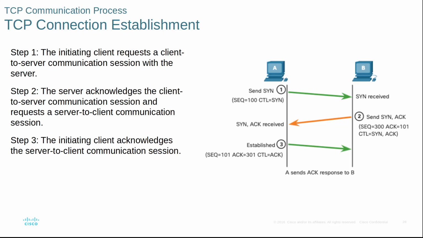TCP uses the three-way handshake to establish a connection. First, it sends the SYN flag to synchronize our timing and whatnot. It receives an acknowledgement to that SYN and sends its own.